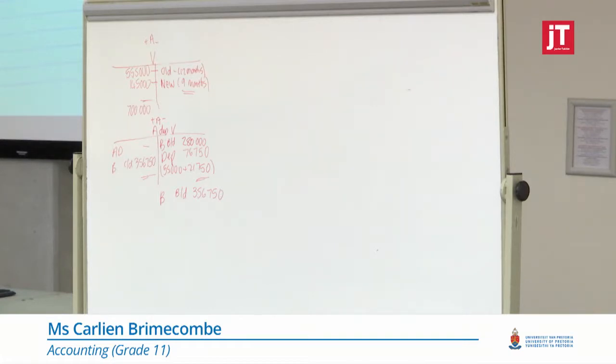Accumulated depreciation at the end. And you had to have cost in the beginning as well. So how did we get the cost in the beginning? 700,000 minus. Are you all fine with the note, with vehicles?